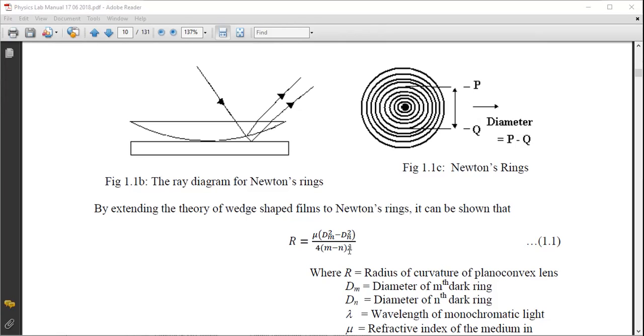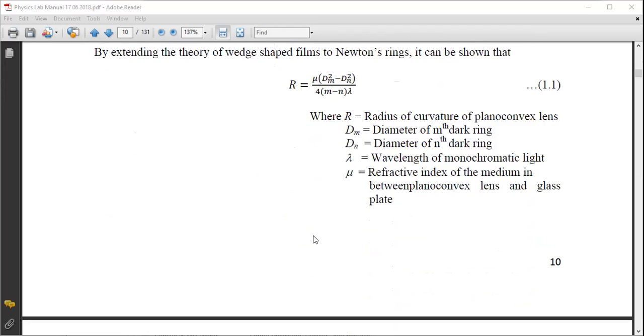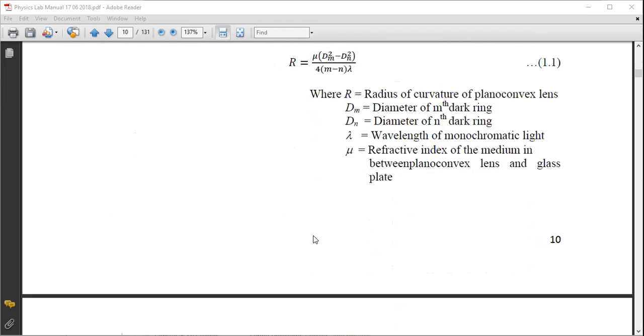If there is an unknown light, and you know the radius of curvature of the lens, then you can calculate the wavelength of the unknown light. Also, if lambda is known and R is known, you can calculate mu, right? So by measuring different things, you can calculate other parameters. Various other parameters can also be calculated using this experiment.